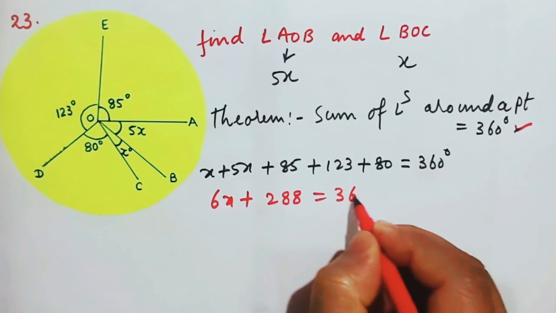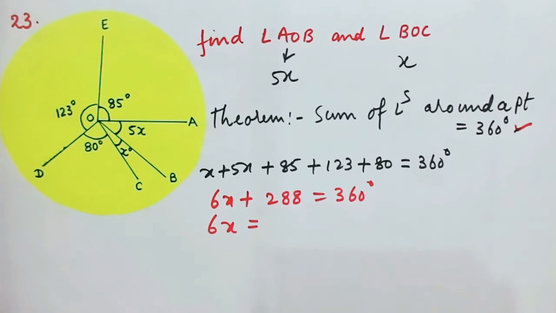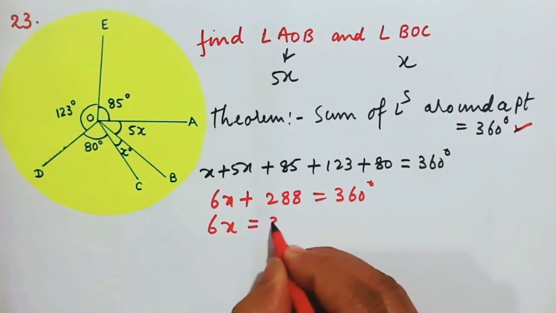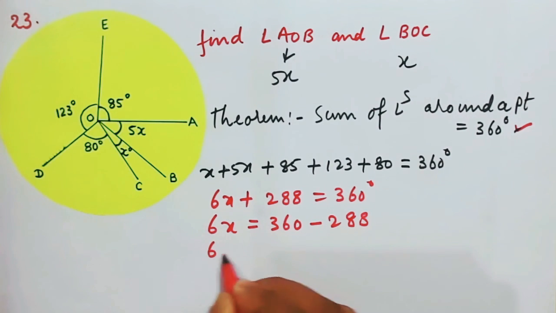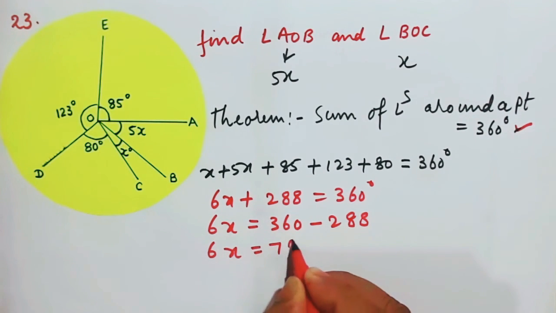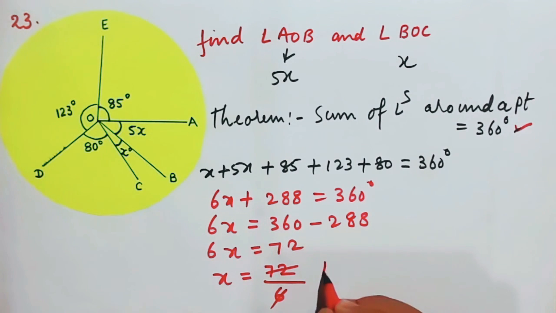So 6x plus 288 is equal to 360 degree. 6x is equal to 360 minus 288. 6x is equal to 72, or x will be equal to 72 by 6. 6 1 times 6, 2 times 12. x is equal to 12.